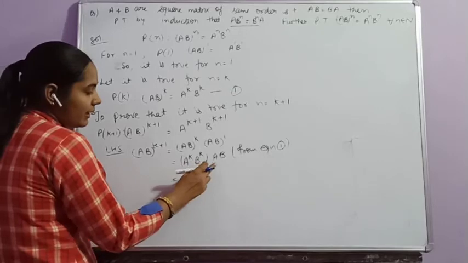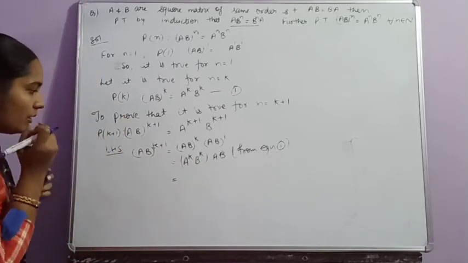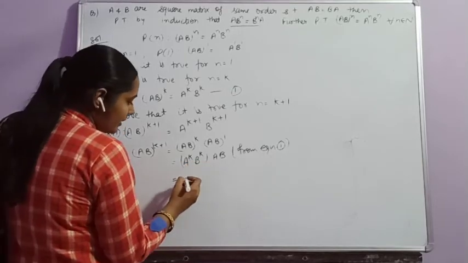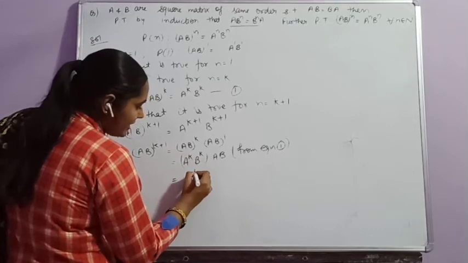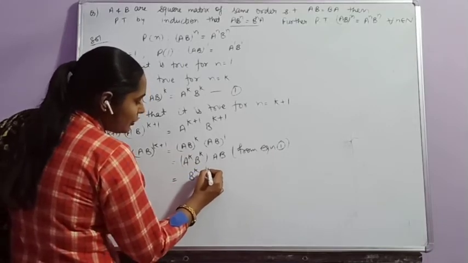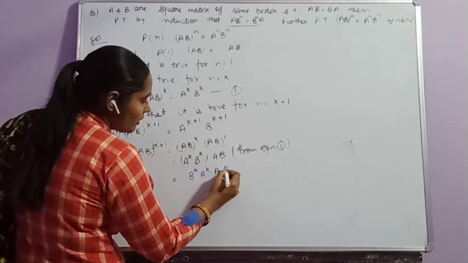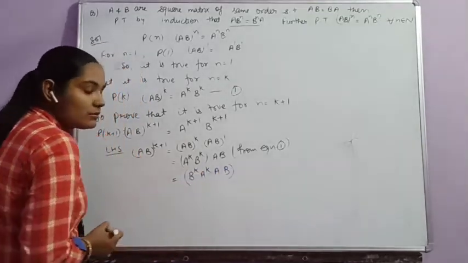Now A^k B^k into AB. We know that if we did not disturb the order, then it can be written as B raised to the power k into A raised to the power k into AB. Clear?